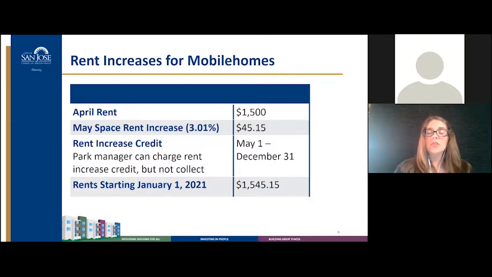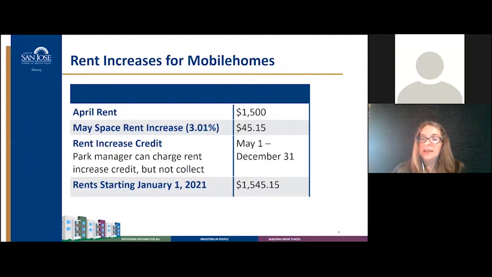So as the moratorium lifts on December 31st, then the rent for this mobile home owner in January will then become $1,545.15. So the first time that the resident will actually be paying the rent increase will be in January. And then moving forward, the way that rent increases work in mobile home parks is that the whole park has an anniversary date where their rent is increased on the same day for the whole park each year.